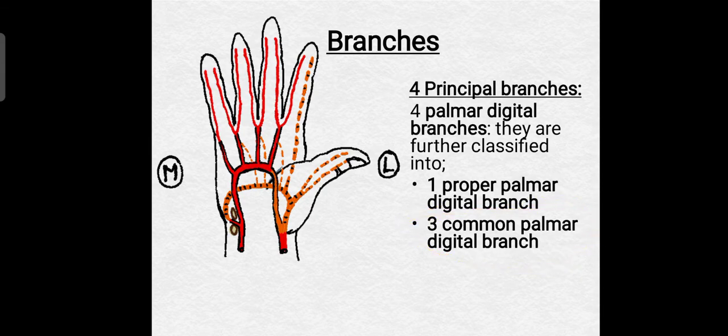So one more thing you have to remember is that the first common palmar digital branch, it goes till here, till the cleft of these two fingers, and then it divides into two branches, and these two branches can also be called as the proper palmar digital branches. So that we will discuss how these further divisions are happening.